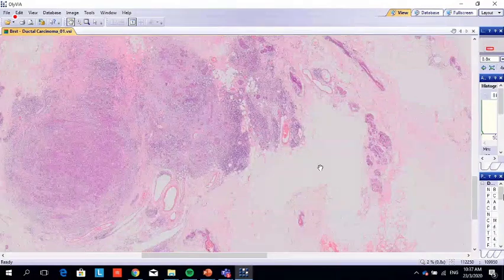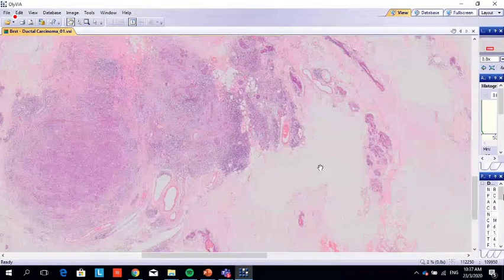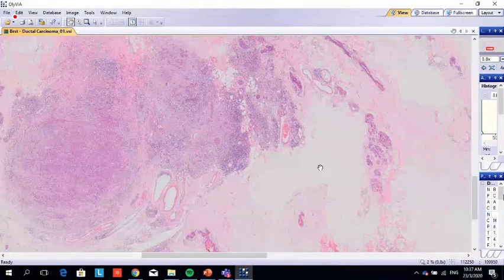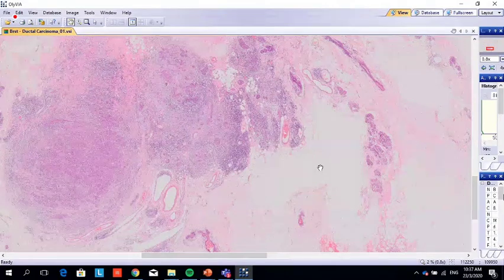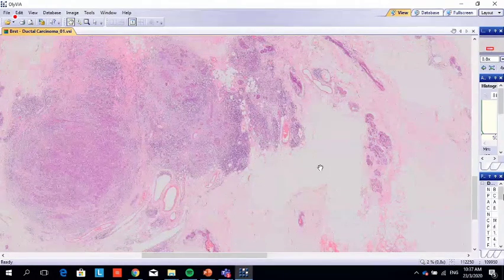Okay. We move to the third case. Is this the third case or the fourth case? The third case is a 42-year-old lady who complained of heavy menstruation of more than 1 year duration.